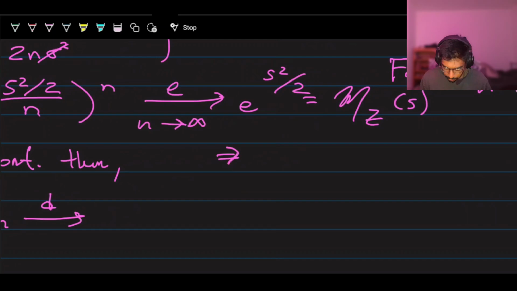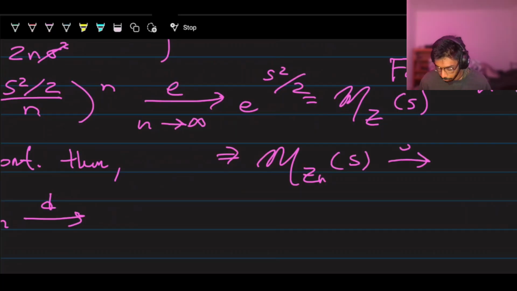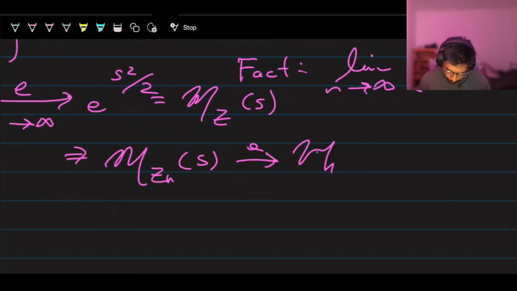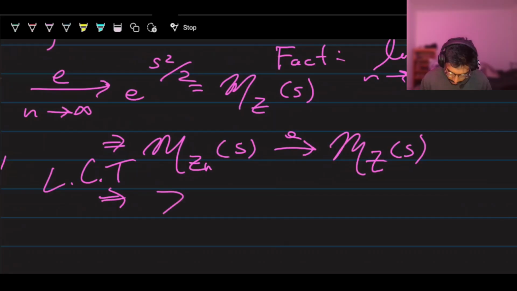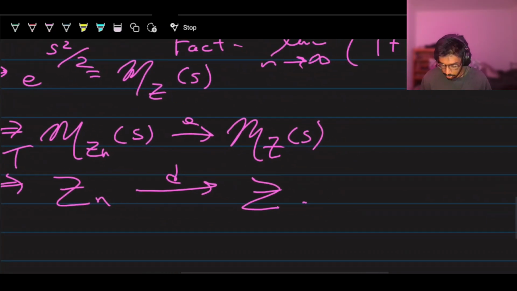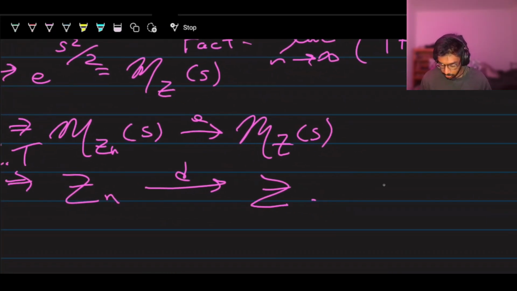I can write my conclusion: the moment generating function of Zn at s converges pointwise to the moment generating function of Z at s. So therefore, by Levy's continuity theorem, Zn converges in distribution to Z, and that completes our proof.